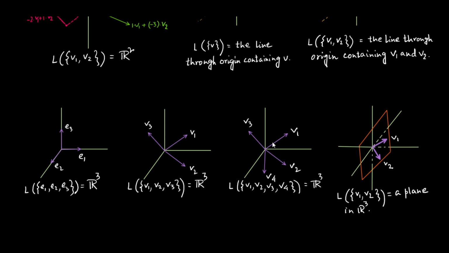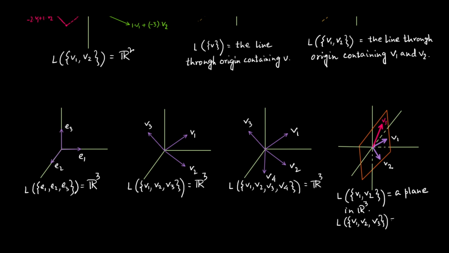Now, the point is, if I add one more vector on the same plane, say v3, will the span change? Remember, v3 is lying on the same plane on which v1 and v2 are lying. So now, if I consider the linear span of the set comprising of v1, v2, v3, will the span change?